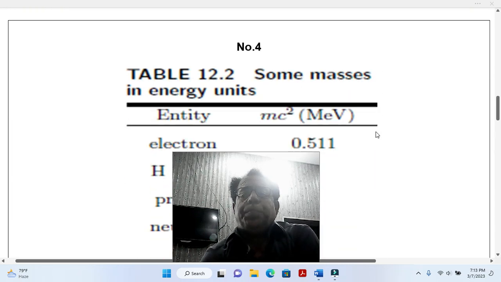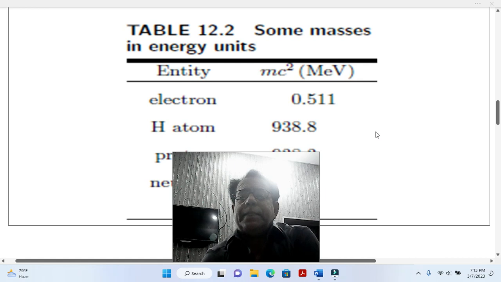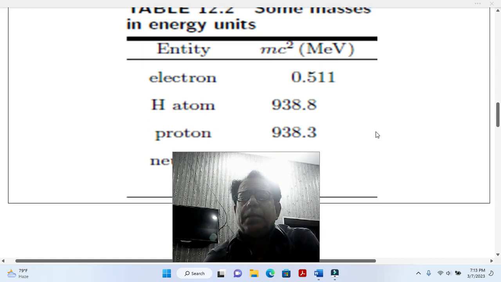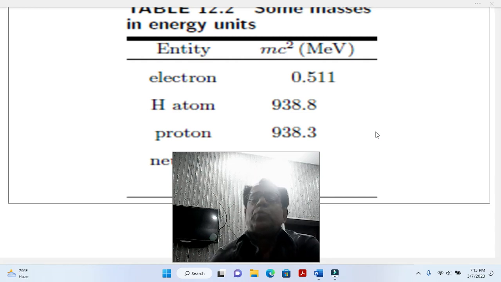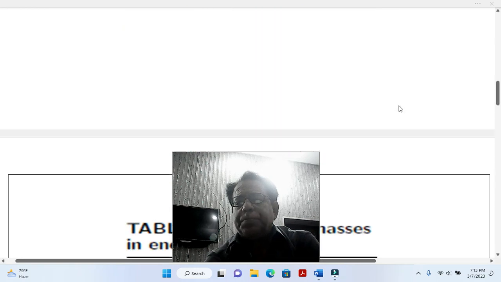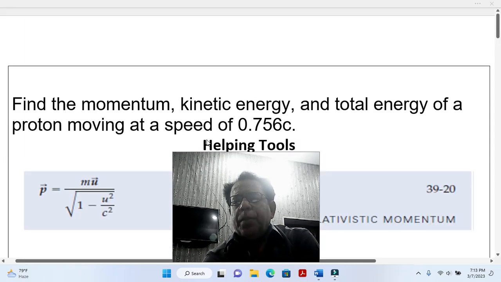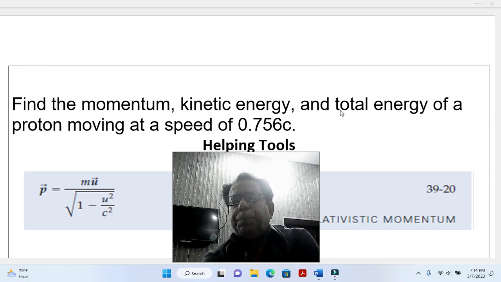Now we move to tool number 4: some masses in energy units. Electron, hydrogen atom and then proton. Dear students, in this problem we are dealing with a proton. Find the momentum, kinetic energy and total energy of a proton.